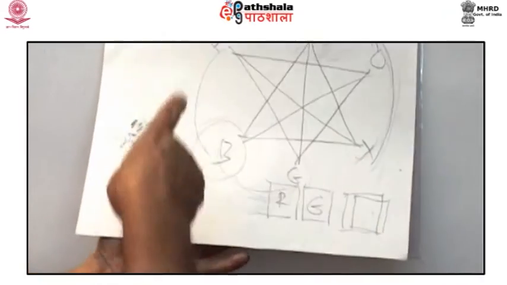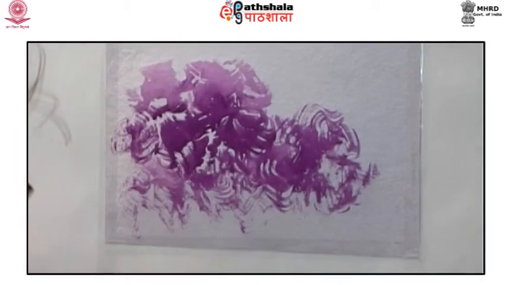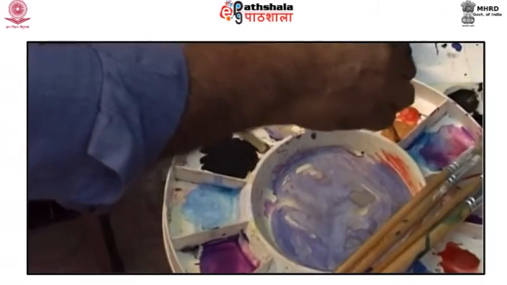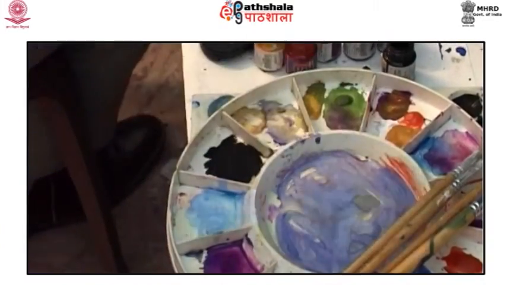Complementary color of purple is yellow. So we will take yellow and paint around this purple.